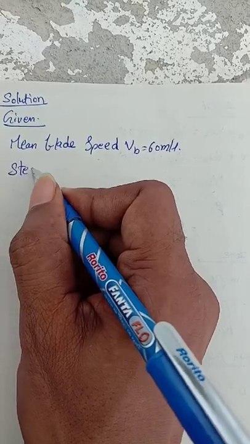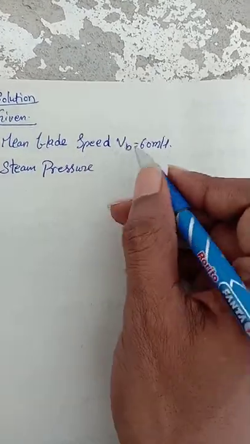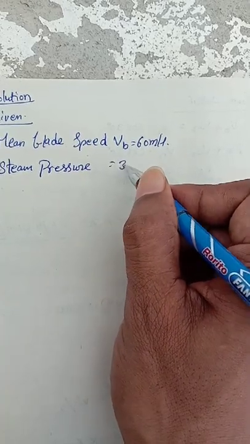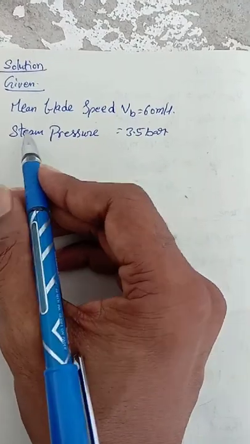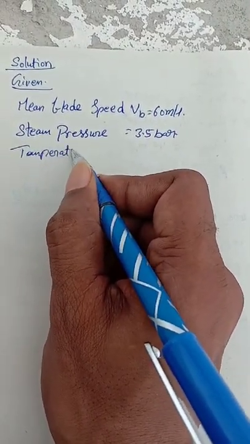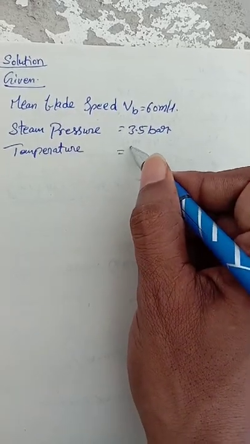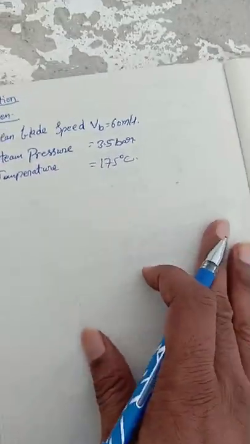And now the steam pressure. In this problem the steam pressure is given, so I think we are going to take the values from steam tables. Now at a temperature of 175 degrees Celsius, pressure and temperature are given in the problem.